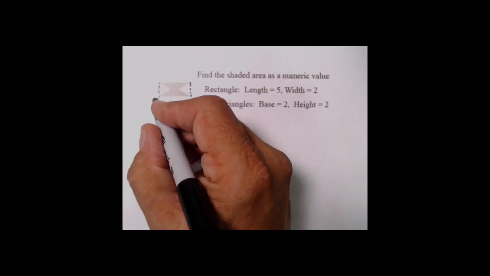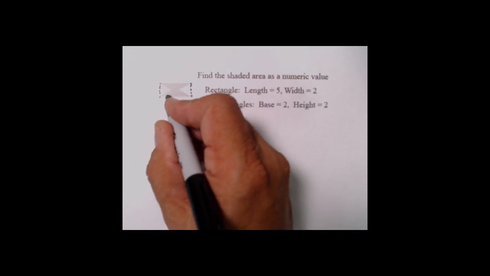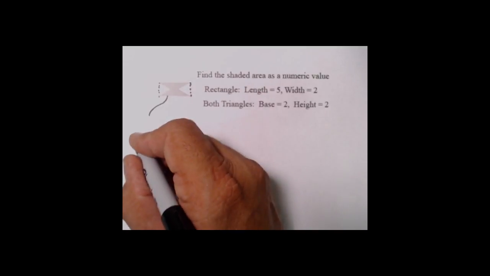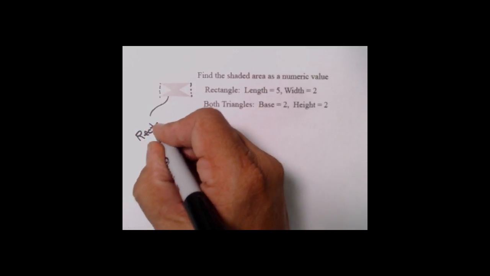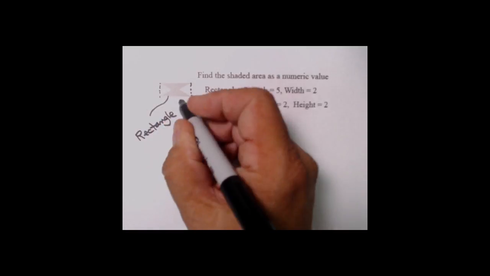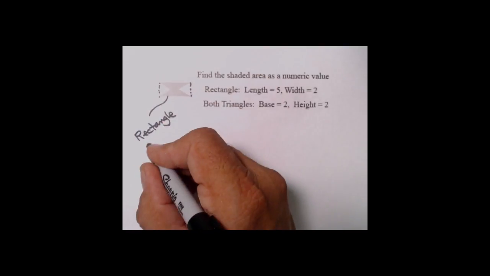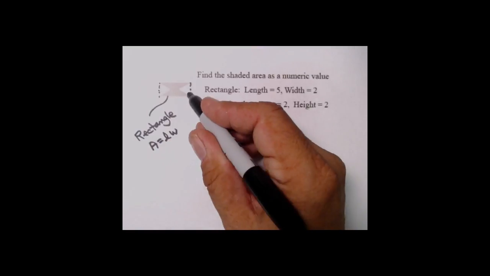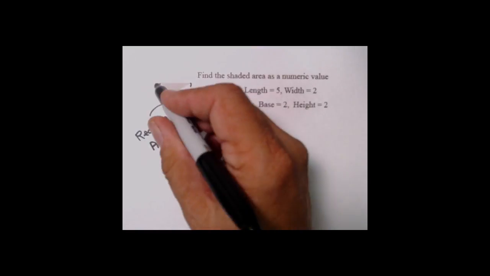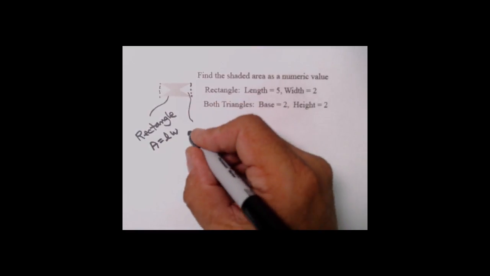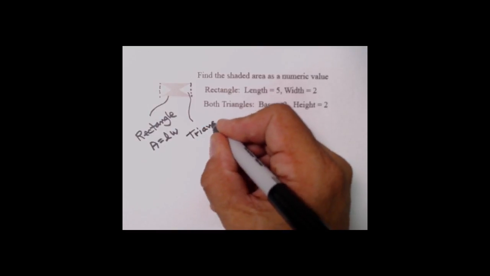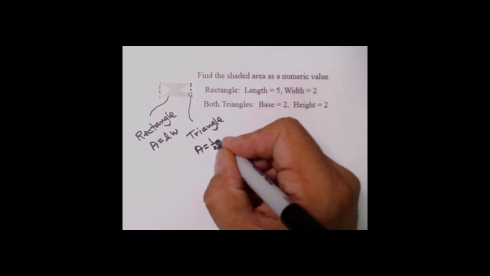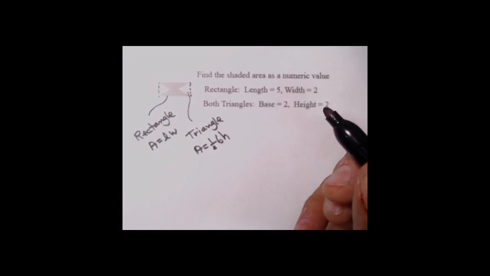So the area again of the original rectangle, there we go. The area of the original rectangle, if we had not cut the triangles out, would equal length times width. But each of the triangles, remember there are 2 of them, the area of a triangle, again, A equals 1/2 base times height.